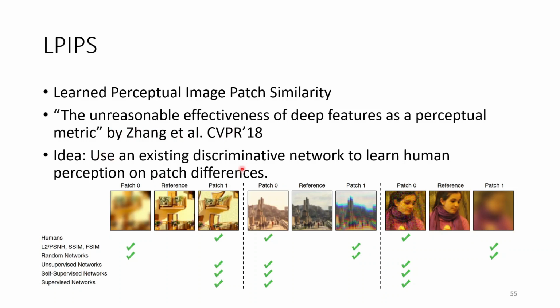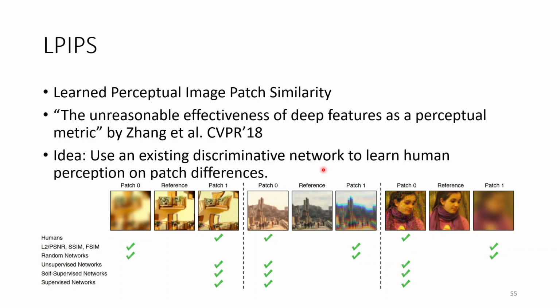The idea is, because there are some existing discriminative networks, VGG, AlexNet, EfficientNet, and ResNet, etc. Okay, all of them work well for discrimination. It means they all transfer the images from image space to the feature space, and then they can well distinguish those features.